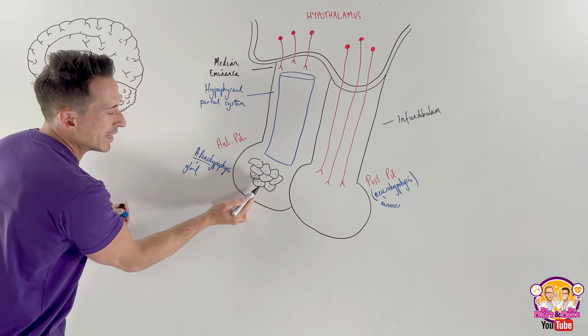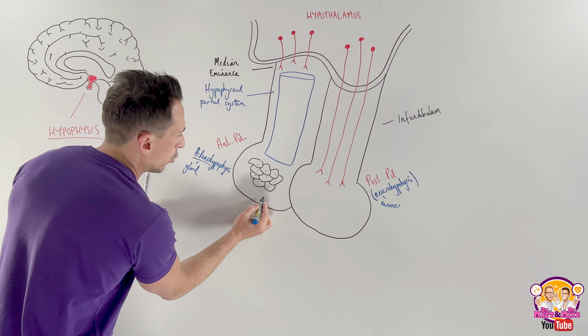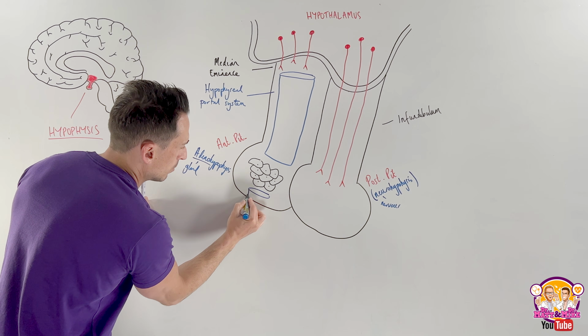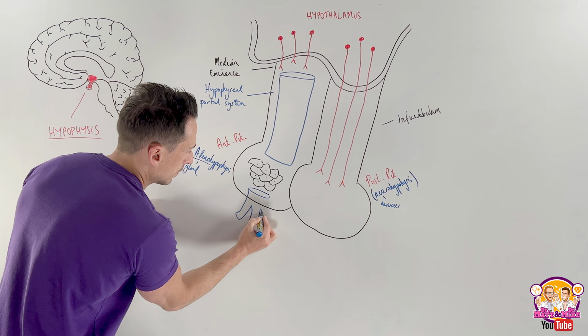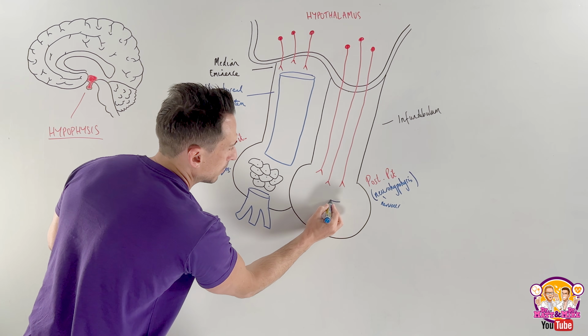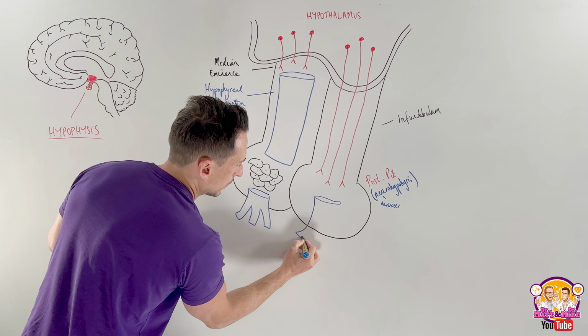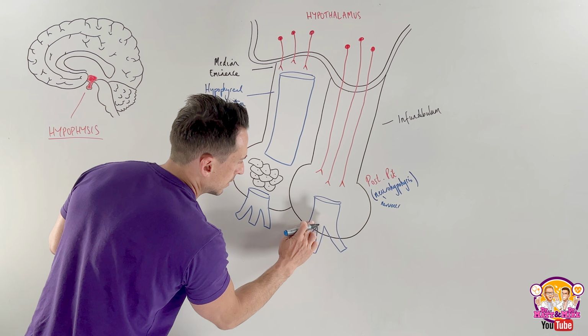Hence, adeno, it's a gland. Both of these will release hormones into the blood supply of the body. So let's just indicate it's been released into the bloodstream of the body. There we go. So both of these result in that.